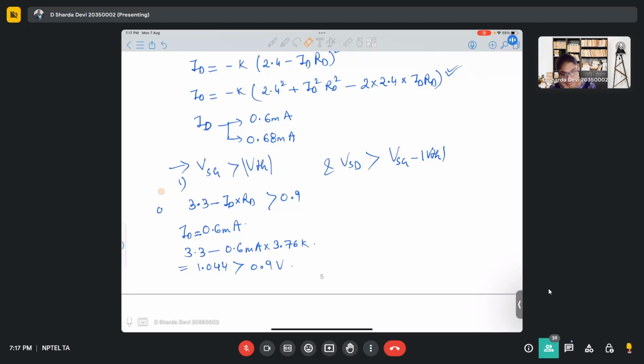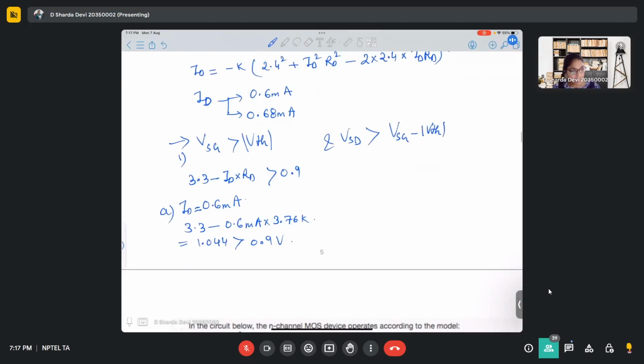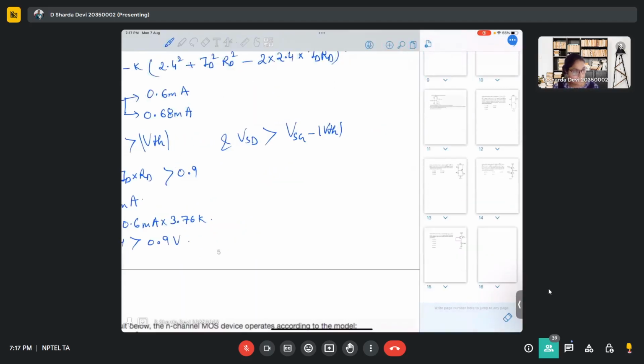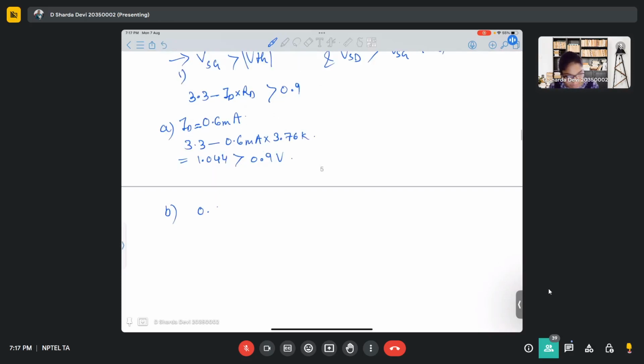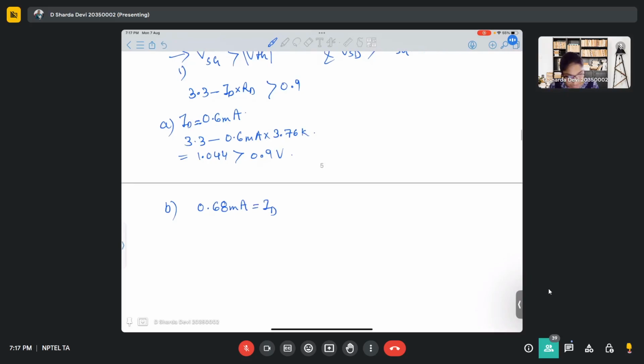This is okay. Now let's check it for our second value of current, that is 0.68 milliamps of ID. Now what value are you getting for 0.68?